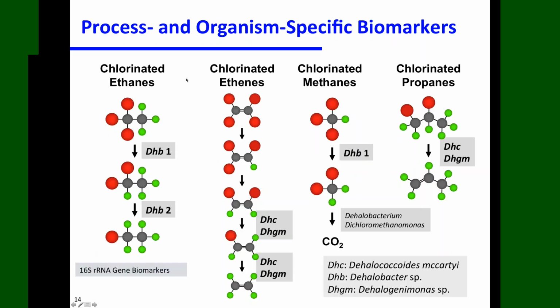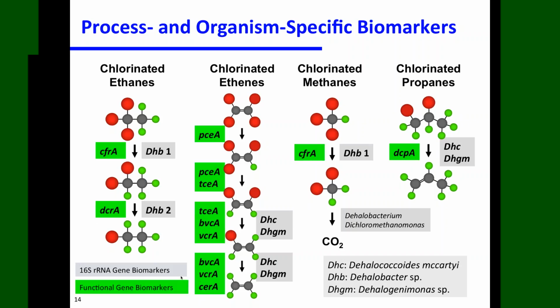So we have chlorinated ethanes, chlorinated ethenes, chlorinated methanes, chlorinated propanes. We know about the organisms involved, and we can generate organism-specific biomarkers and tools to target those. And then, of course, we can also apply the functional gene biomarker approach to give us additional, more specific information.